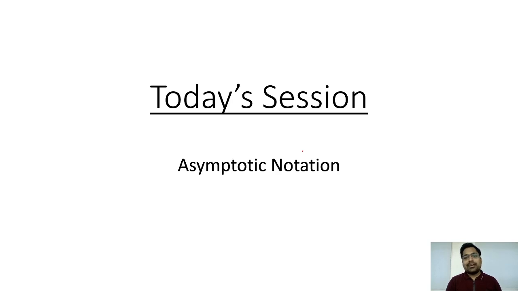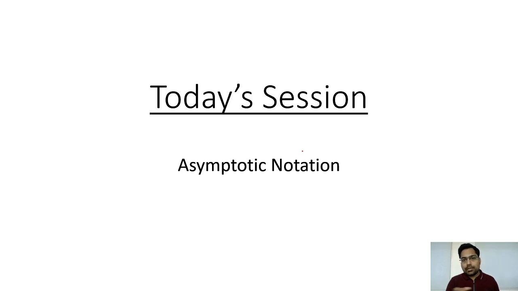Today's topic is asymptotic notation. We are going to read the asymptotic notations, why it is being used, and how we will rename it. Suppose complexity is playing a vital role, then how to define it, right?